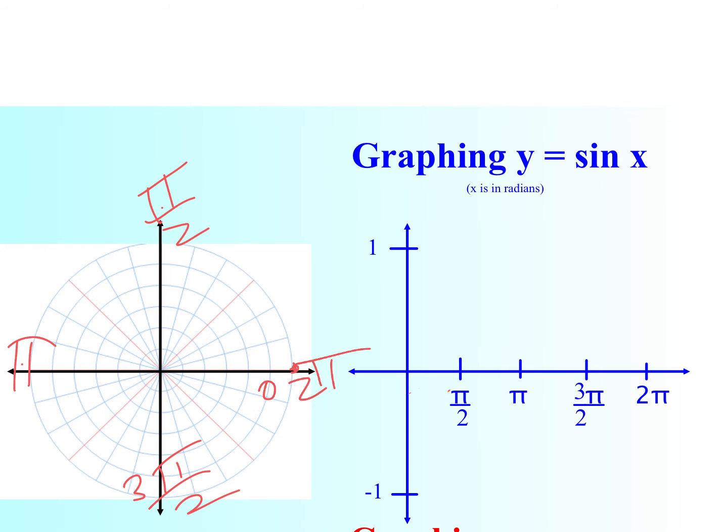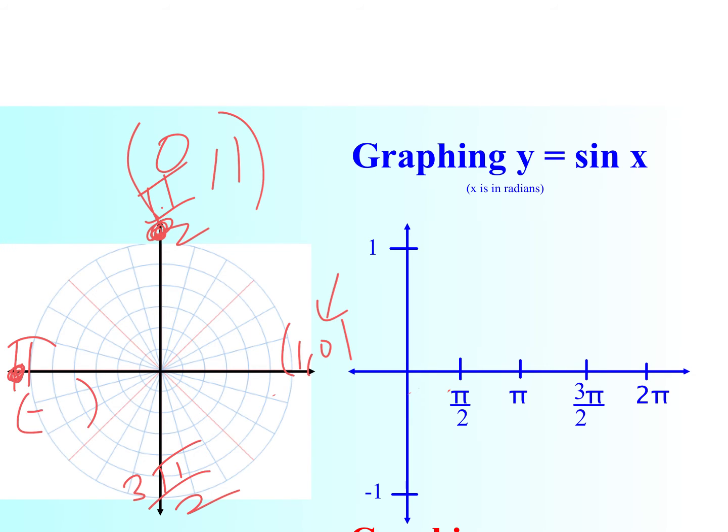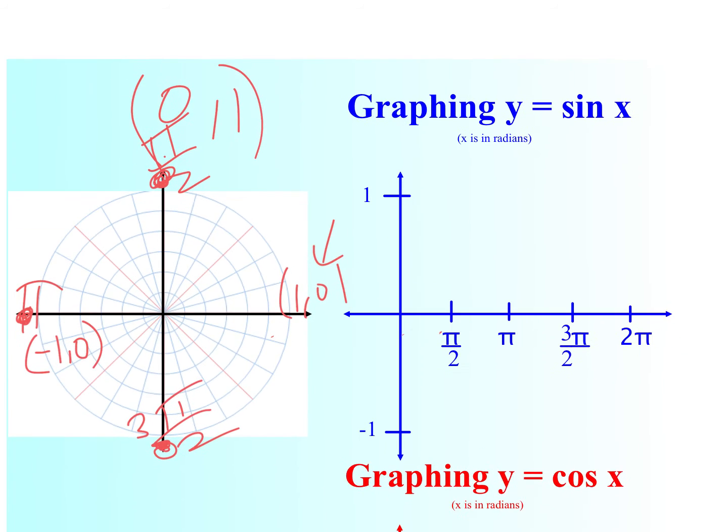Then the points. There's 4 points. At that point, it's (1, 0). And remember, the sine is the y value of it. Starts at 0. This would have the point right here of (0, 1). This point right here would be at (-1, 0). And then lastly, the point down here would be at (0, -1).